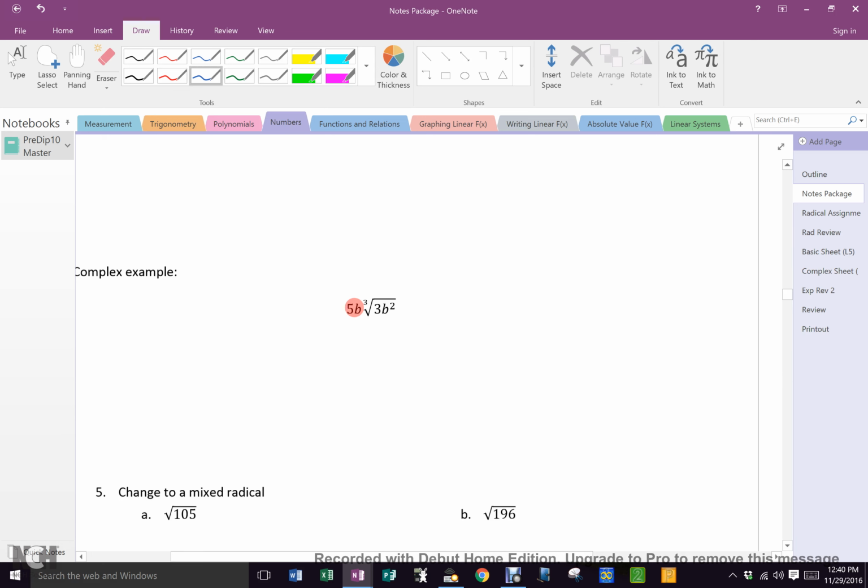But if they're both under there, then what is it? 5b cubed. 5b all cubed. Now we remember our exponent laws, don't we? What does 5b cubed really mean? 5 cubed, b cubed, right? What is 5 cubed? 125. 125b cubed. So what is going back under there? 125. 3b squared times 125b cubed, right?